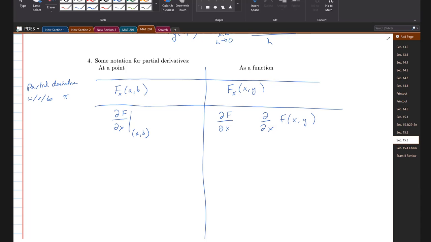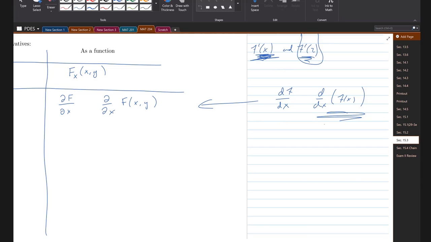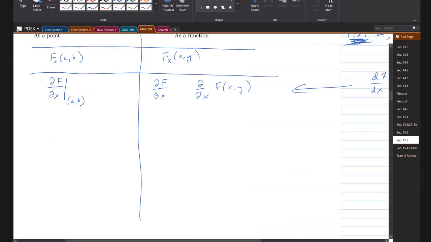So what I'm talking about here, folks, in this expression, is sort of like in one variable calculus we would have df/dx. That represents the derivative as a function. Or we could also write it as d/dx of f of x, which here we think of as saying take the first derivative of the function. Okay, so we're going to add to that.